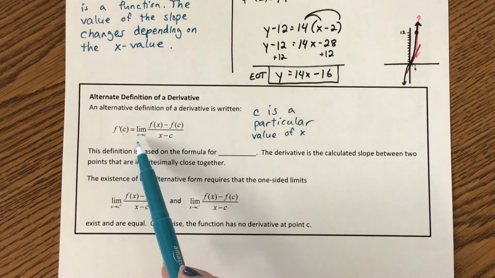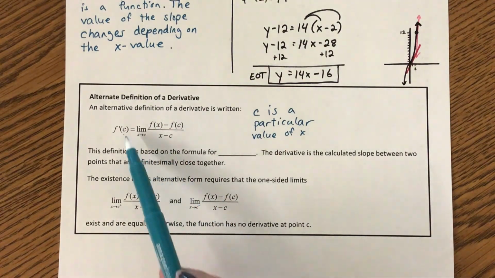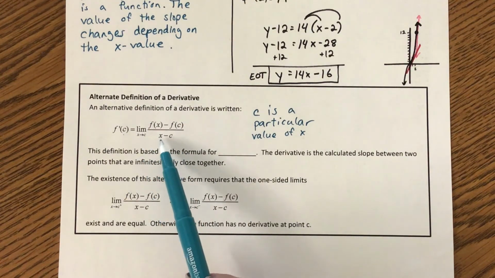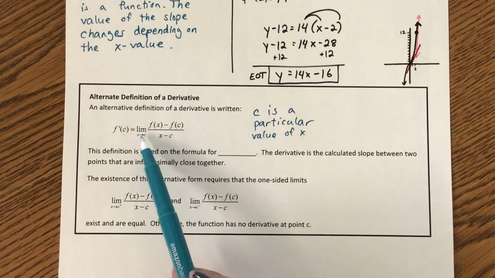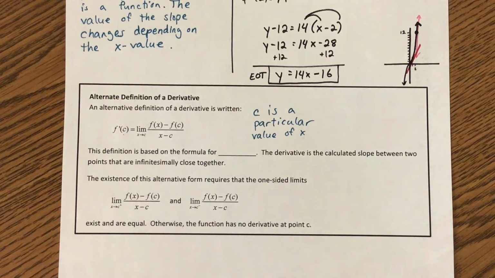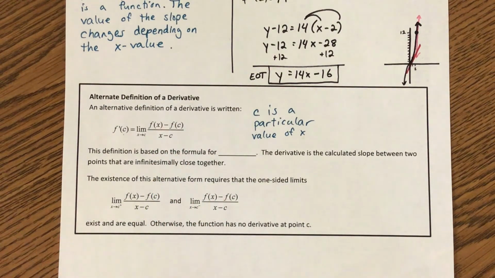We instead have X go to C instead of X go to 0 or H go to 0 or anything like that. But if you take a look, that denominator ends up being, if you plug in C for X, C minus C, which is 0. And if you plug in C on top, F of C minus F of C is 0 as well. So the X values are getting really close together and the Y values are also getting really close together.